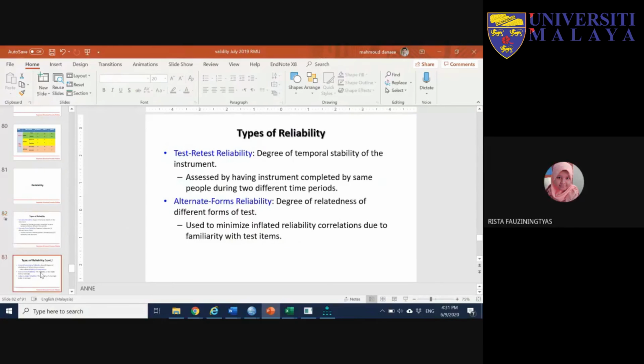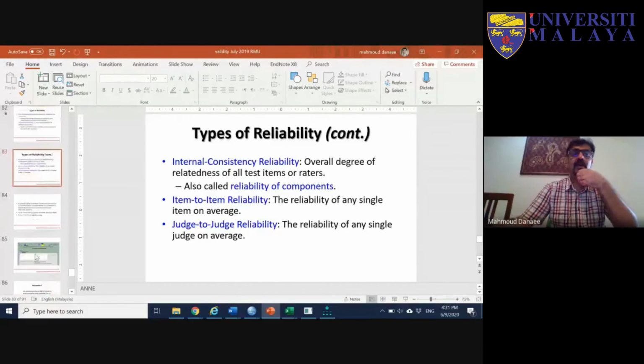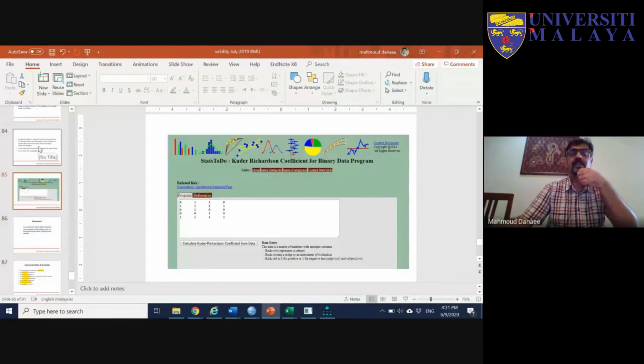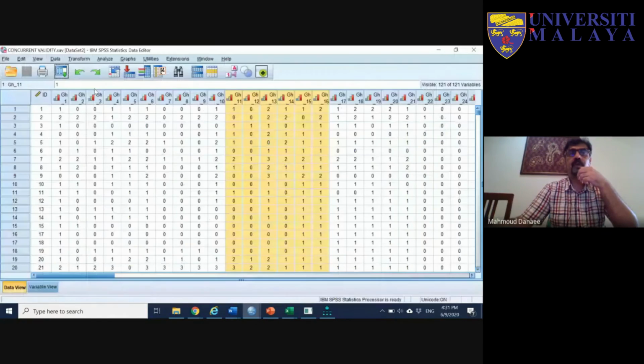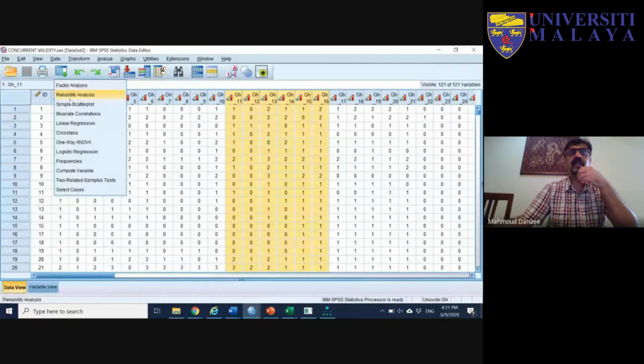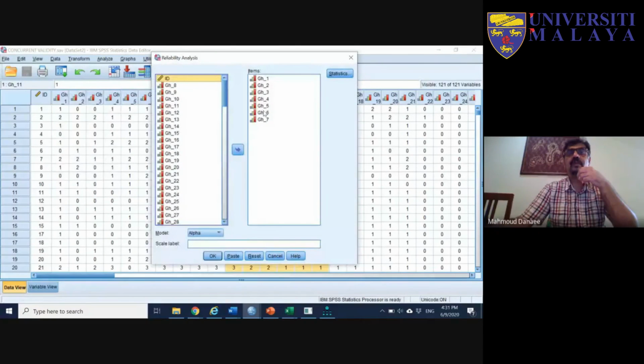Okay. So one more thing that I'm going to share with you for the last part. Remember, when you are doing the reliability for the scale, do you remember we use the alpha, correct?